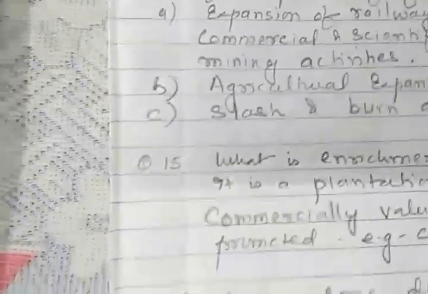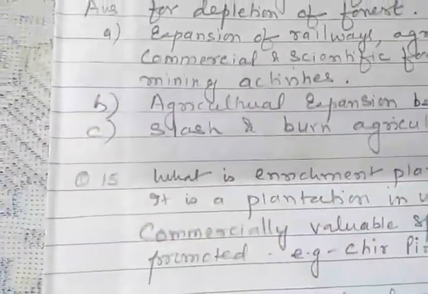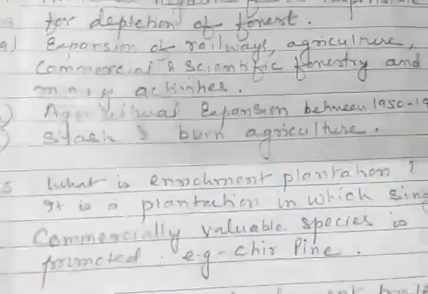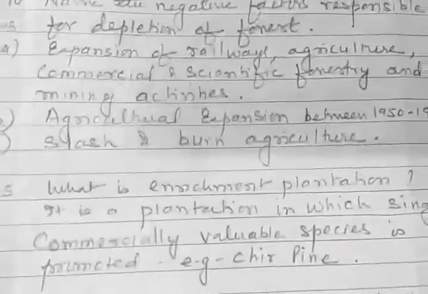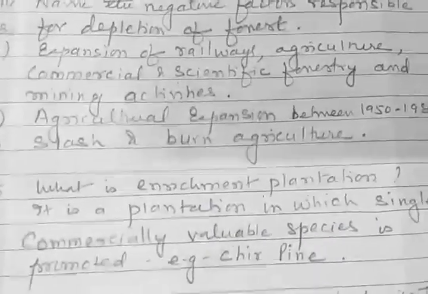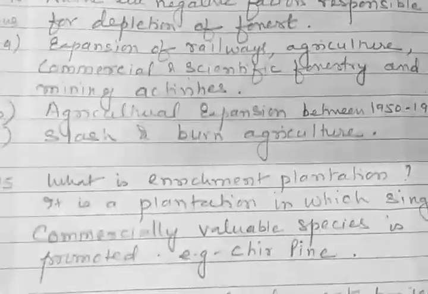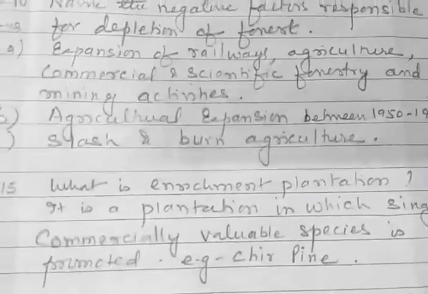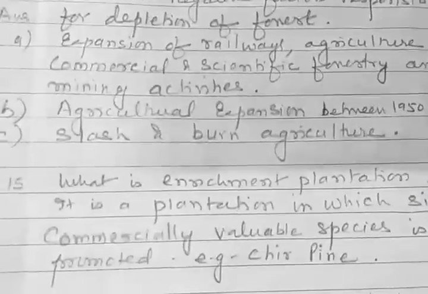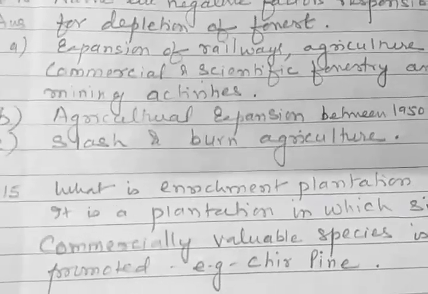Next is question 15. What is enrichment plantation? 1 mark question. It is a plantation in which single commercially valuable species are promoted. Example, chir pine trees.